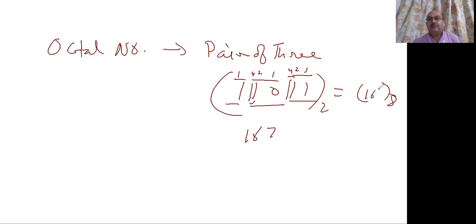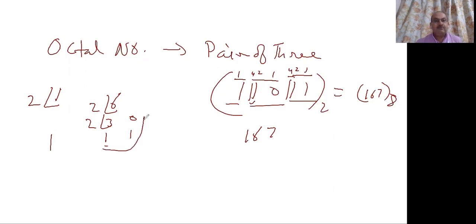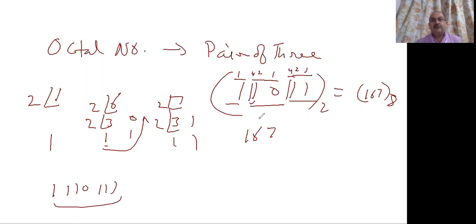So it will change into 167. This is just a revision of what we had done before. And 167, how will you convert it back? Separately, 2 3s are 6, remainder is 0, 2 1s are 2, remainder is 1. So 110, and 7 will be 2 3s are 6, remainder 1, 2 1s are 2, remainder 1. So what is my answer? 1, then 110, and then 111. And if you see, it will match.